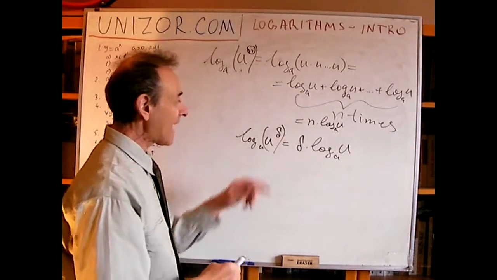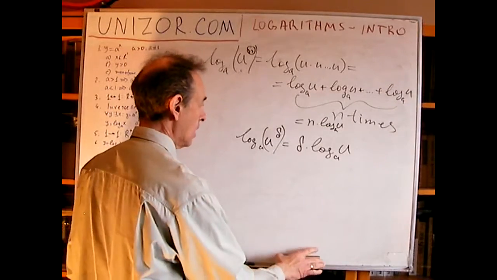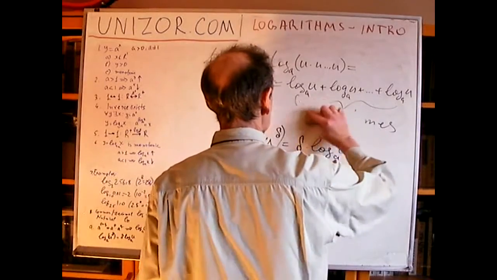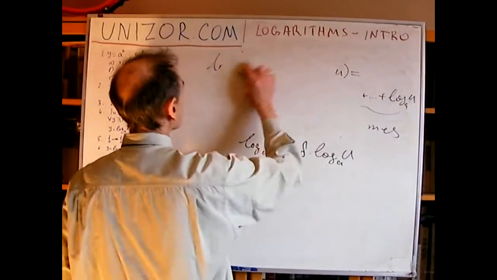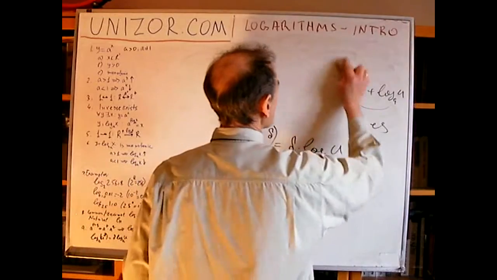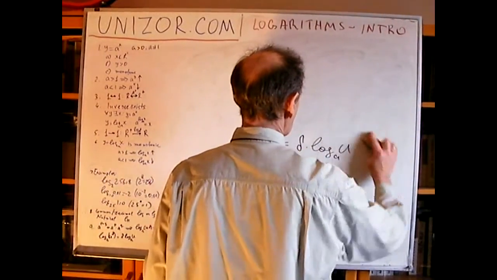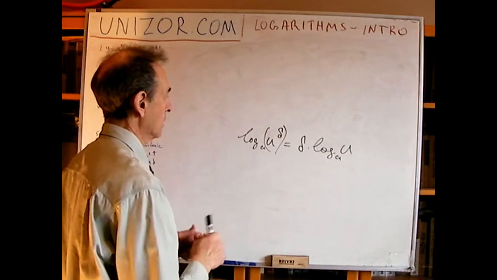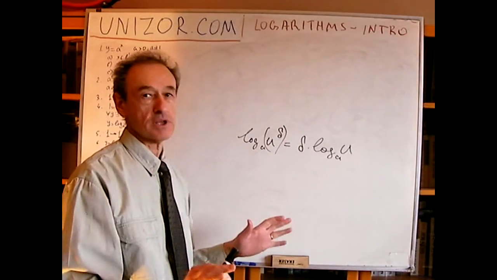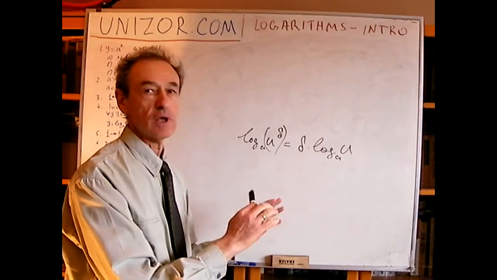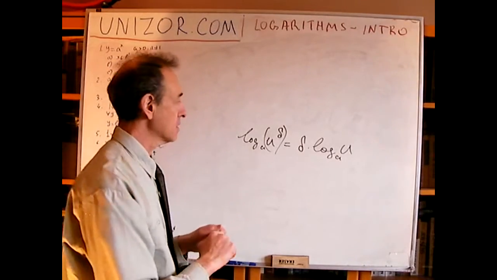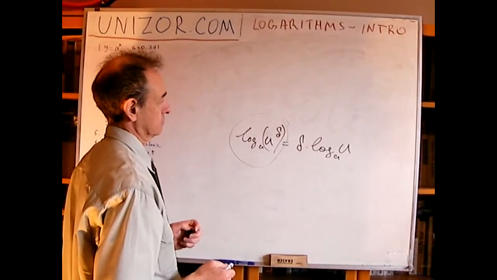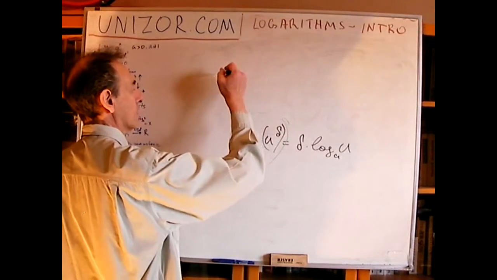Now, what about any power? The power in an exponential function can be any real number. And this particular property is still true, and here is why. Let's go from the definition. As I was saying, the definition and elementary properties are enough.